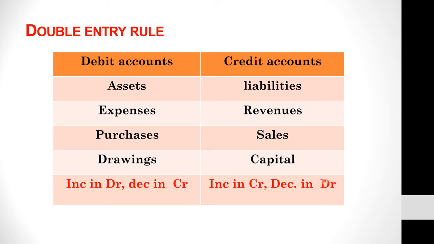But if it decreased, you place it within the debit side. So you need to determine whether this account is a normally debit account or a normally credit account. Then you need to determine, did it increase or decrease, then apply the rule in red.